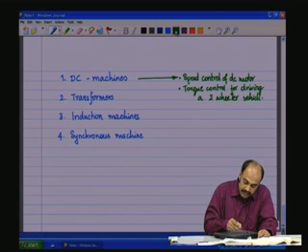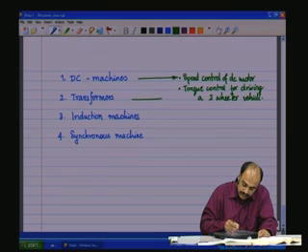Then in the case of the transformer, we can have a nice interesting application.